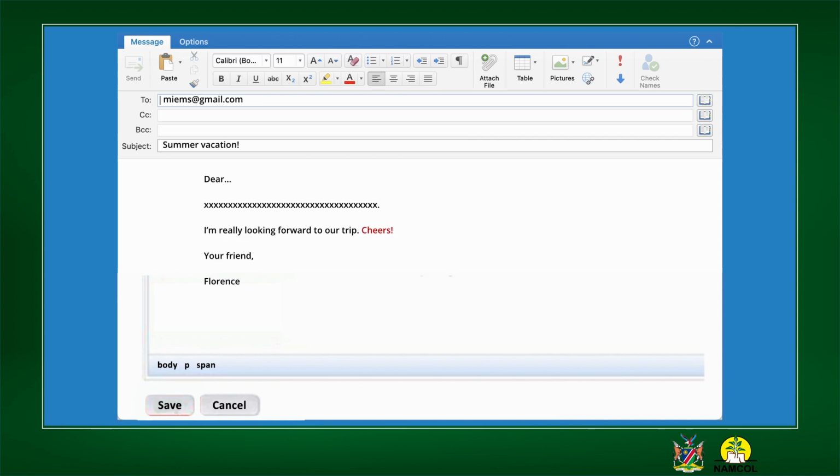Then you write a phrase summarizing your relationship with that person. For example, your friend, your loving son, and so on. And then your name. Now, remember that although an email form on the computer looks the same always, there are some important differences in your style of writing when it comes to a formal email.